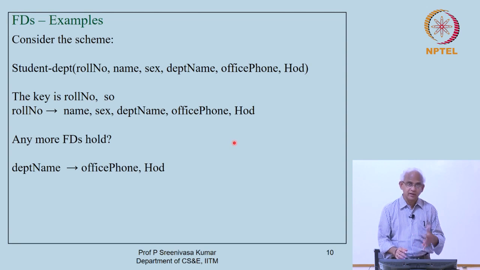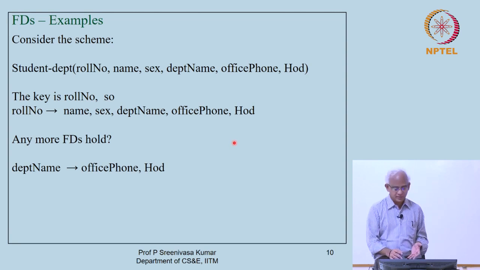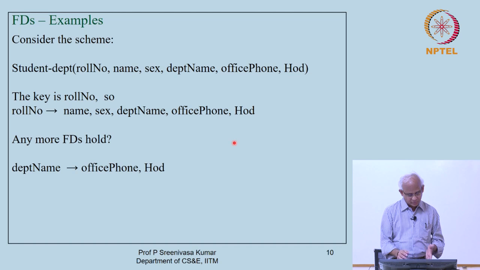Well, good. Is there anything else? Do you think of one more thing? Let us look at this. There are just half a dozen of these attributes. Okay, let me give you a hint. What about HOD on the left hand side? What is the policy of the institute regarding HODs? Can some professor be a HOD for two departments?